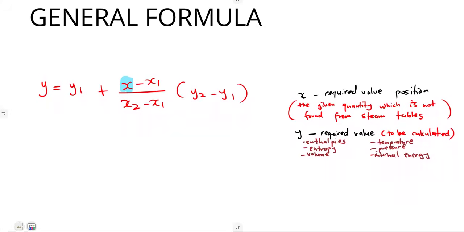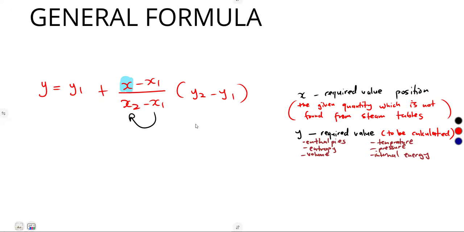So x now, I want to start with x. Remember, it is the required value position, the given quantity which is not found from our steam tables. Let's say it is pressure. From that x, we are going to have x1 and x2.